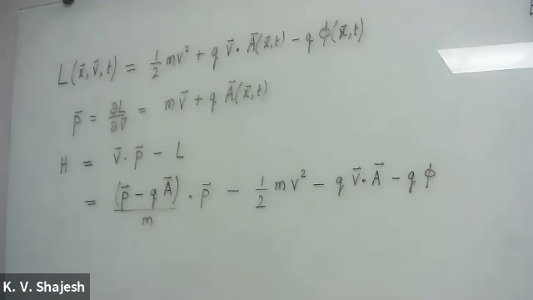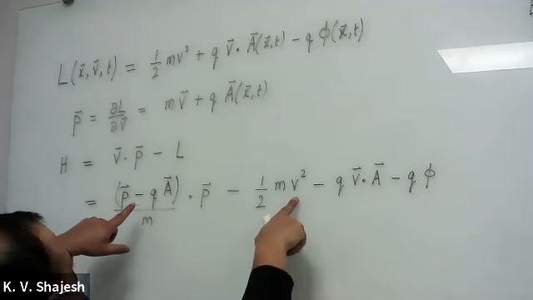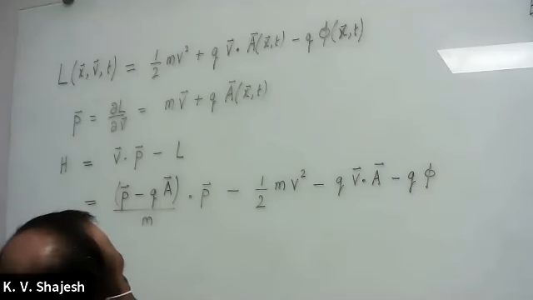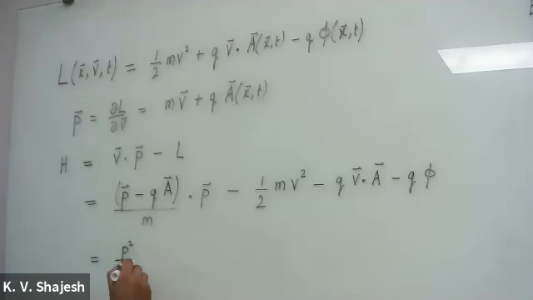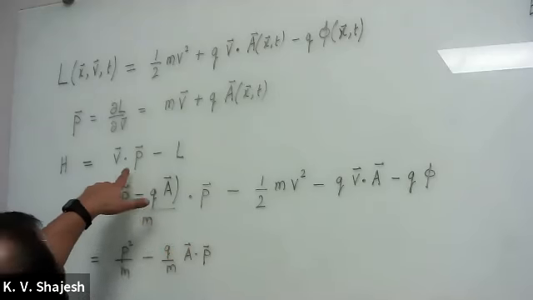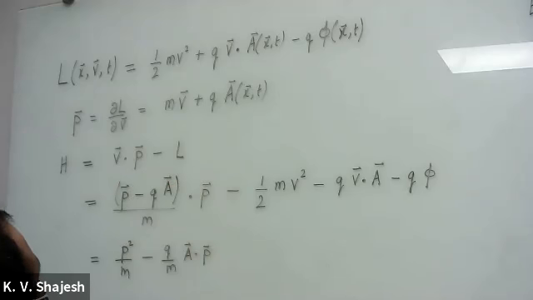It's just mixed up, in the sense that somewhere there is velocity and somewhere there is momentum, but I have to kill all the velocity dependence. So let me collect them. So this is p squared over m, minus q over m times A dotted with p. I could have done it if I had collected it at this stage itself, but let me do this.